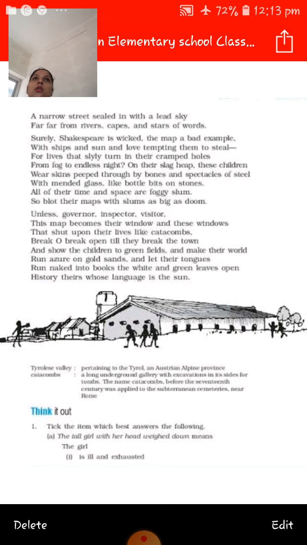And if the window closes, it is like a catacomb, and we should teach them, lest they spread throughout the town. They should be taught about green fields to make their world run azure on gold sands. They should be allowed to read the books loudly. They will read about the history of those books, whose language is the sun.